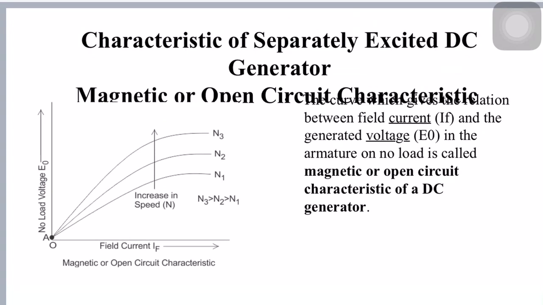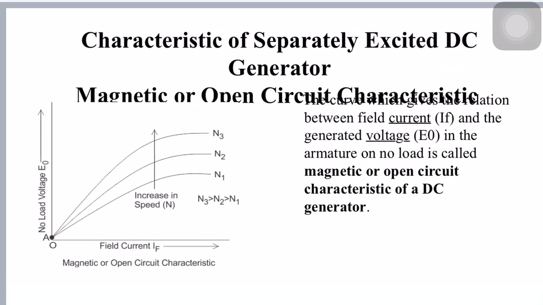Then, as the field current goes on increasing, the curve is linear, because in this range the reluctance of iron is negligible as compared to the air gap, which is constant, and hence we get a linear relationship. And after point B, the reluctance of iron also comes into picture.